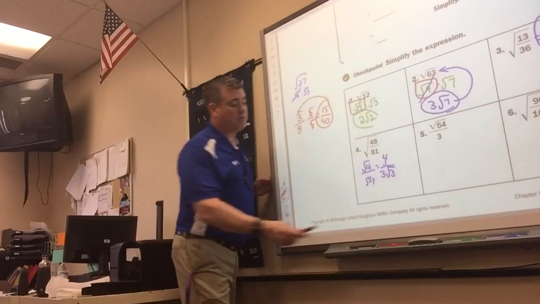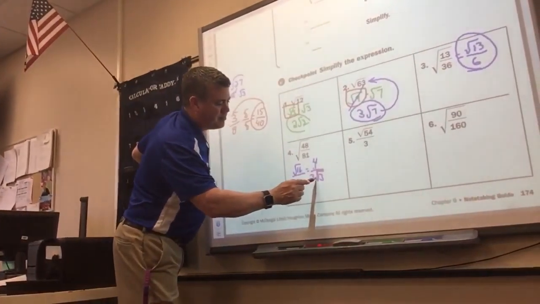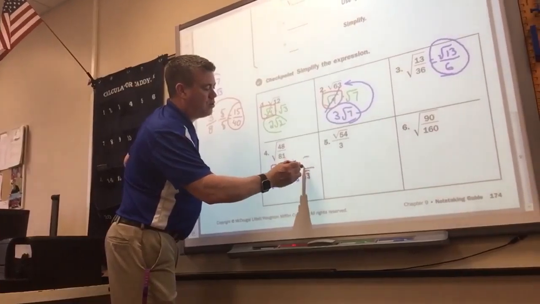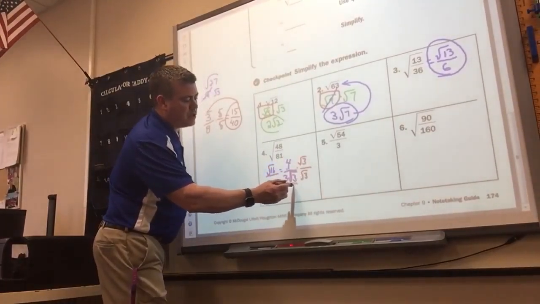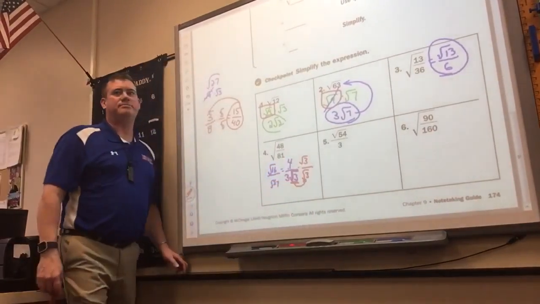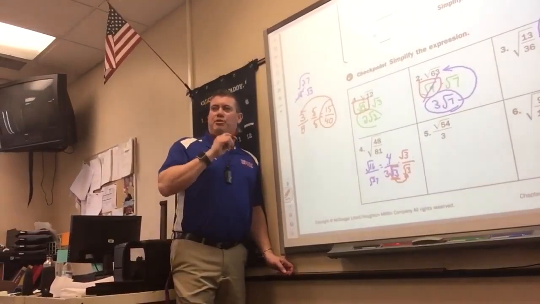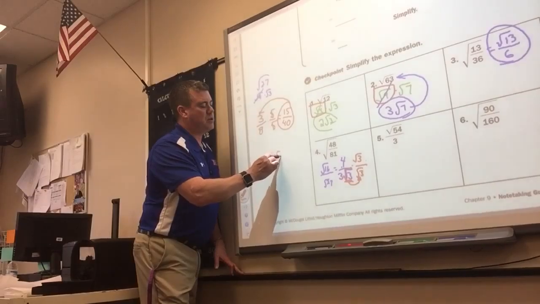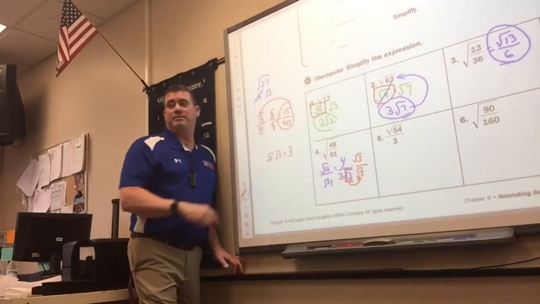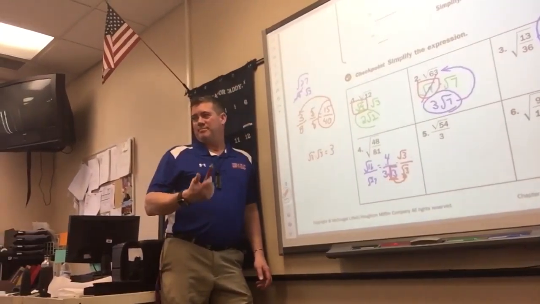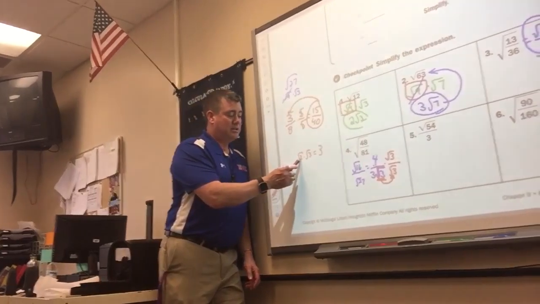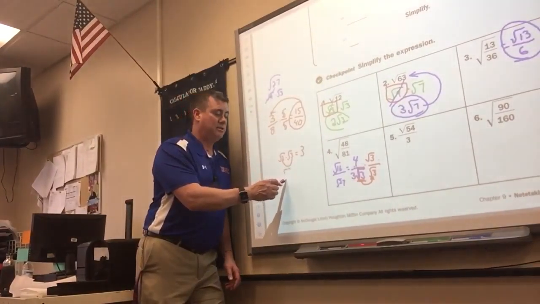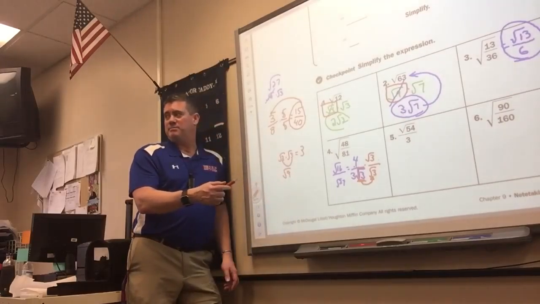So, if you've got a radical in the bottom, all you got to do is take it times square root of 3 over the square root of 3. Whatever that square root is, just take it times that. If you did this on a calculator, square root of 3 times the square root of 3 will give you 3. The reason why is you multiply the insides. 3 times 3 is 9.